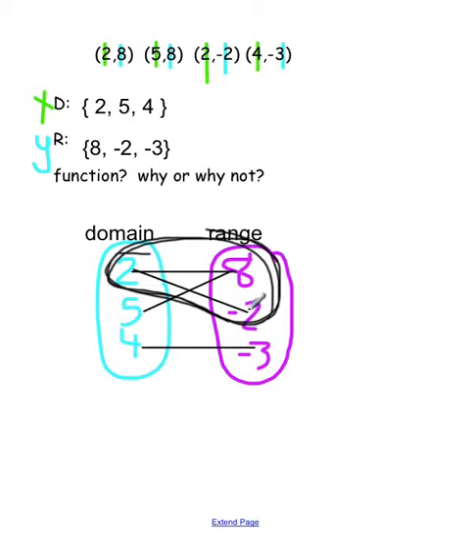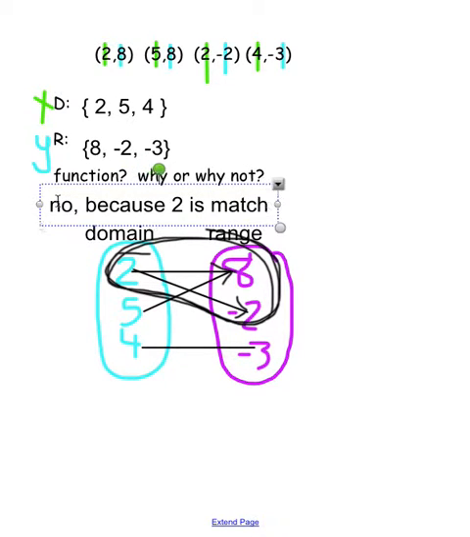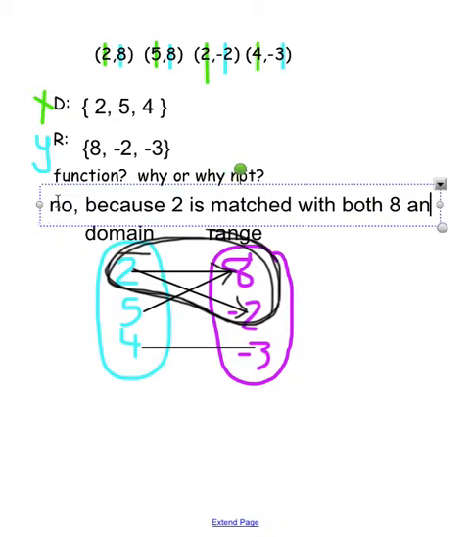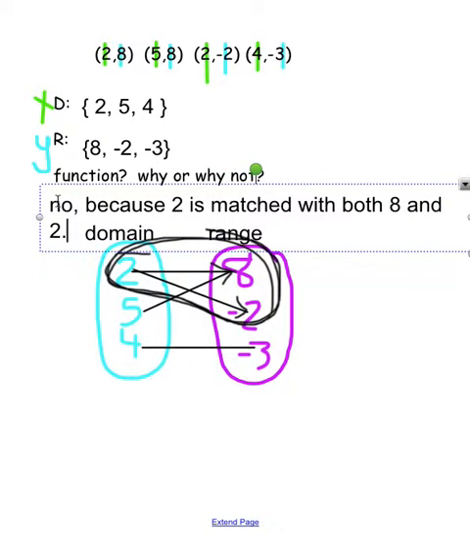This x has 2 of them right here and right here. So is this a function? No, because 2 is matched with both 8 and -2. It has 2 outputs, so that is not a function.